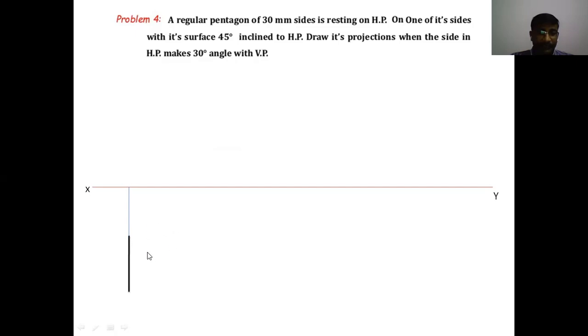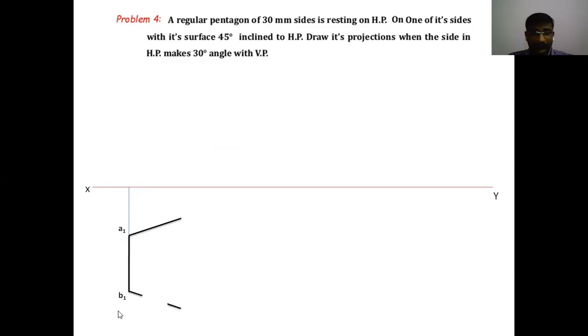How to draw the pentagon? The angle between any two sides in a regular pentagon is 108 degrees. This is A1, the first stage top view of one corner, and another corner of the pentagon is B1. From this side, draw another inclined line at an angle of 108 degrees with A1B1, of the same length, 30 mm.